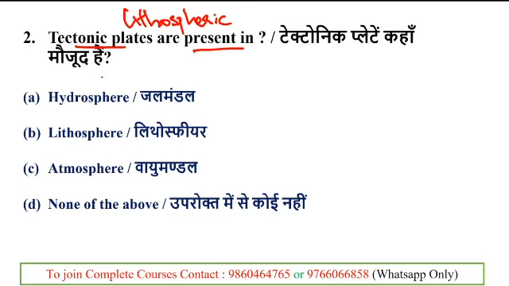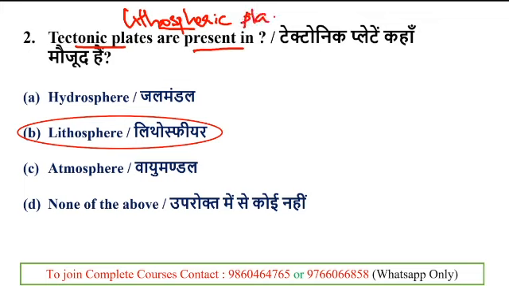So the plate is present in the lithosphere. Clear? The other name for tectonic plate is lithospheric plate. So that is present in the lithosphere, and not in the hydrosphere or the atmosphere.